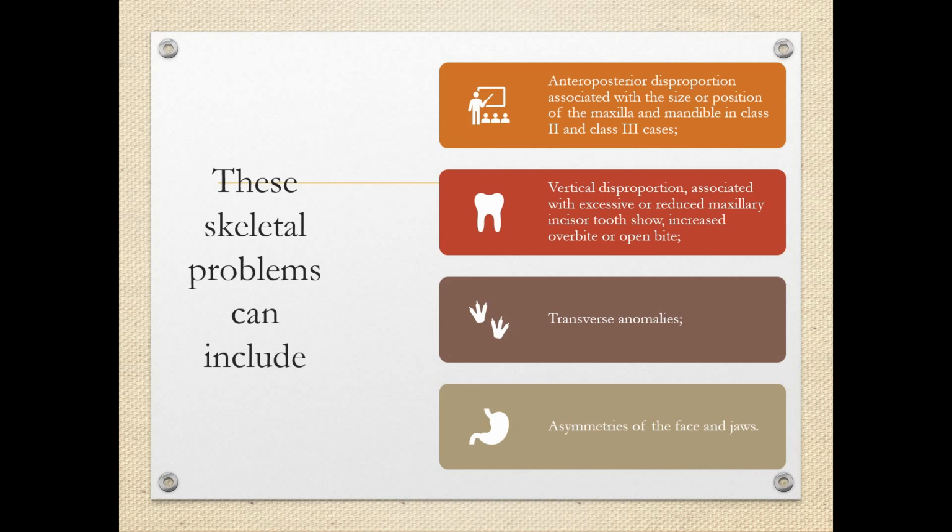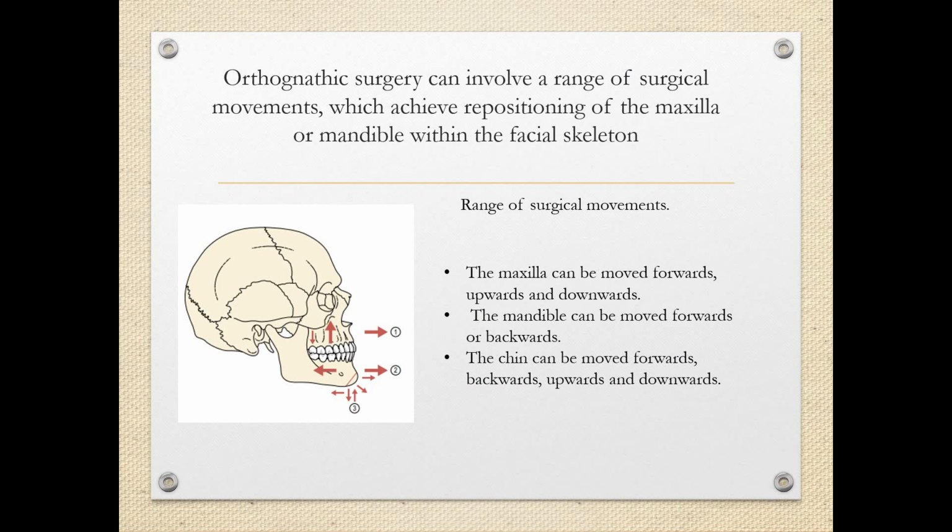However, it should be remembered that these more severe forms of skeletal discrepancy are the ones least likely to respond to attempts at growth modification and often end up requiring a surgical approach.